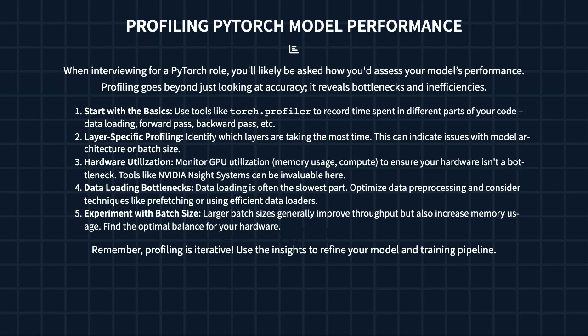You can then drill down into specific layers to see which ones are particularly slow. Don't forget to keep an eye on your GPU, make sure it's being fully utilized and not running out of memory. Data loading is a very common culprit when performance suffers, so optimizing that process can make a big difference. And finally, experiment with different batch sizes. Bigger batches often speed things up, but you need to find the sweet spot for your hardware.